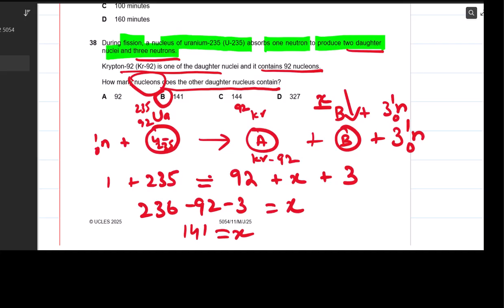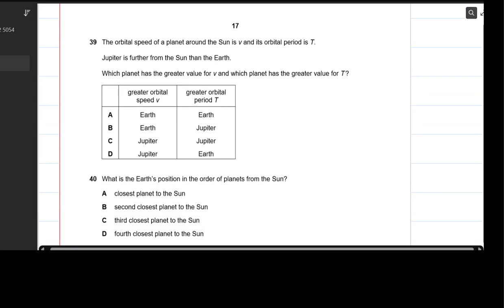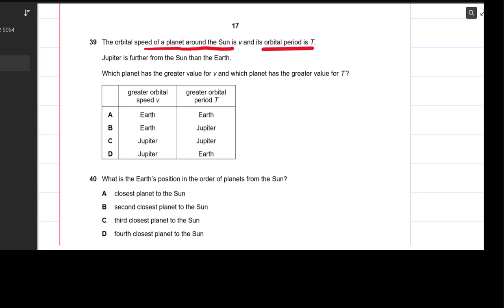So moving towards the next question: the orbital speed of a planet around the Sun is V and its orbital period is T. Jupiter is further from the Sun than Earth. Which planet has the greater value of V and which planet has the greater value of T?